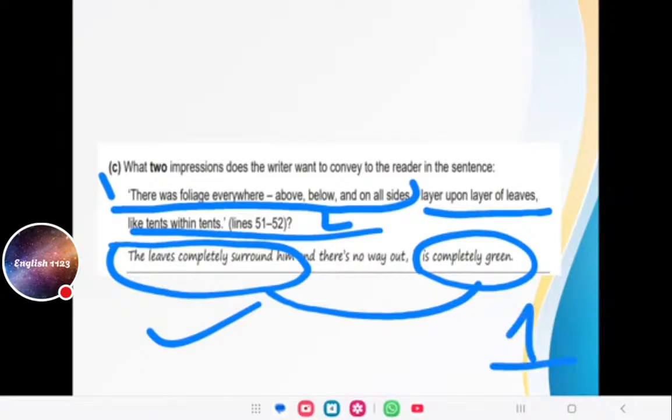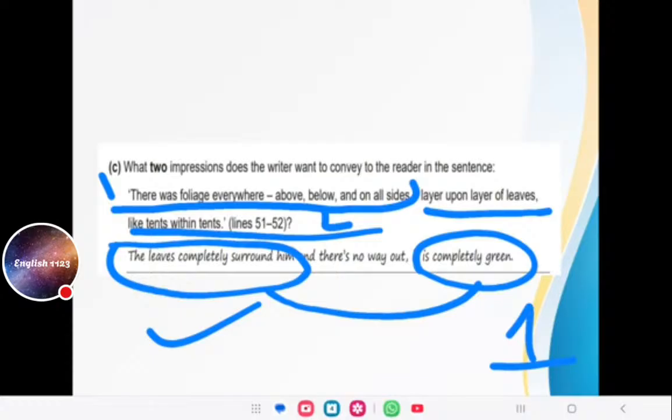Now as far as the second impression is concerned, the student has written there is no way out, because there are layers upon layers, there are leaves like tents within tents. Just writing there is no way out is not enough to give the impression. Basically the writer is trying to tell that the space inside is so closely knit together, the branches are closely knit, that you do not get space to get out of that place.